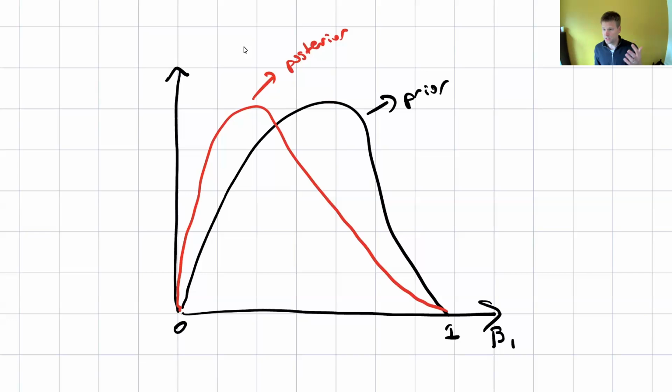Now I can take this posterior distribution and start doing inference on beta 1, right? And there's a few ways that I can report a Bayesian estimate of beta 1 under the posterior. So one thing I could do is report the point at which the posterior distribution is maximal.